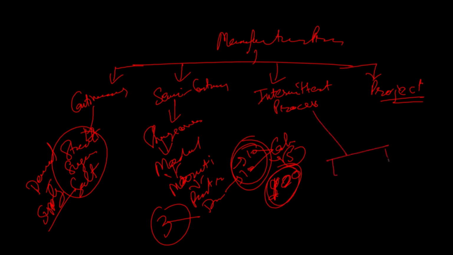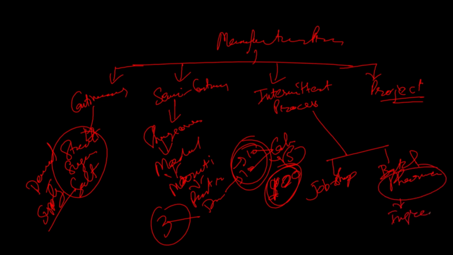Intermittent process is either you talk about your job shop production or batch production. In the pharmaceutical industry, you have seen we produce in batches where the ingredients change, but the machinery we are using to convert those raw materials into finished remains the same. So steps also remain the same, right?